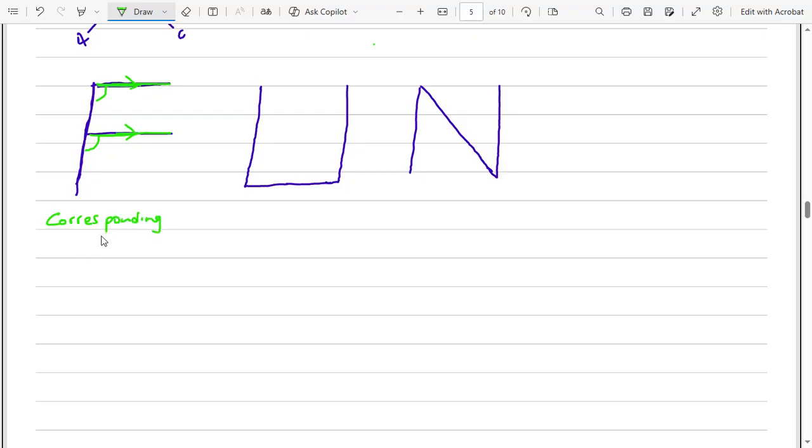Yeah. So corresponding angles are equal, meaning that if this is angle A, this is angle B. So angle A and angle B are equal. Reason: corresponding angles equal. You happy with that one?